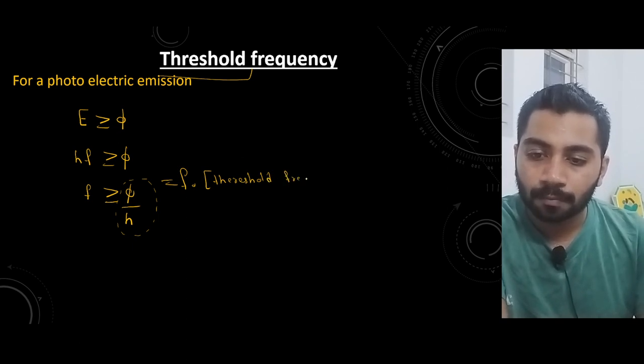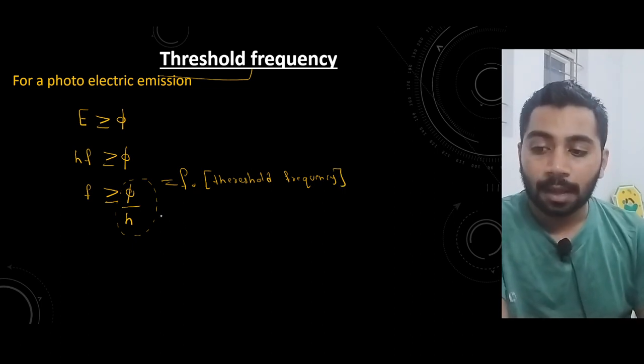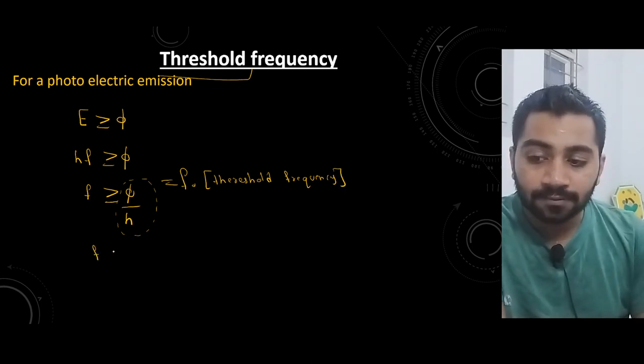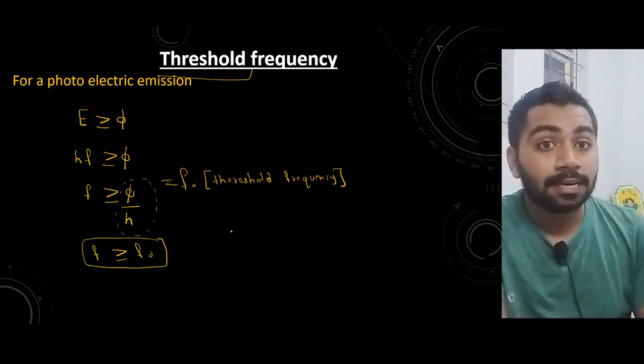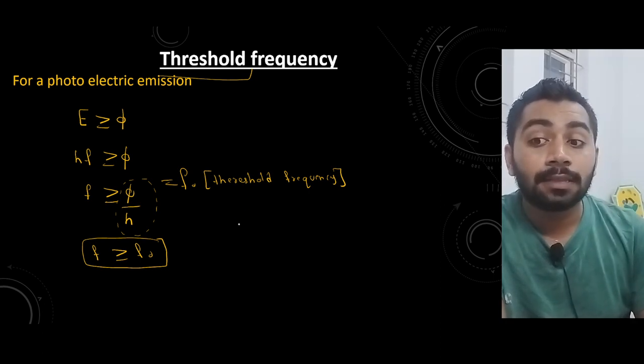Finally, f must be greater than your threshold frequency, which means the frequency of the incident ray must be greater than the threshold frequency.